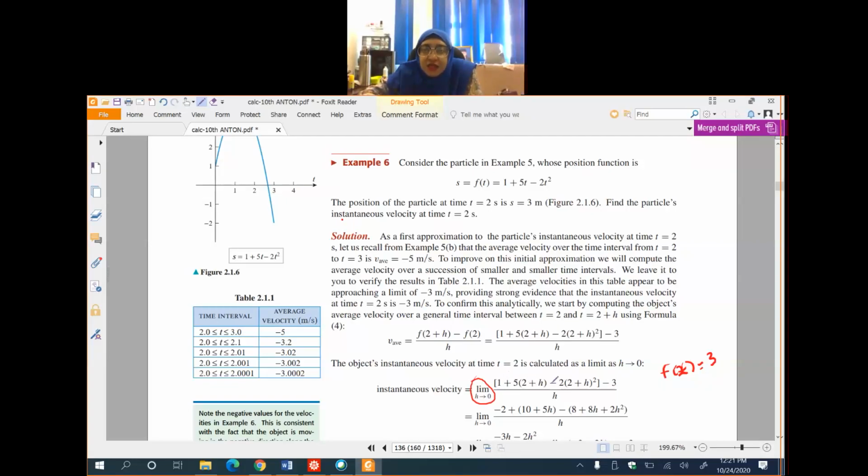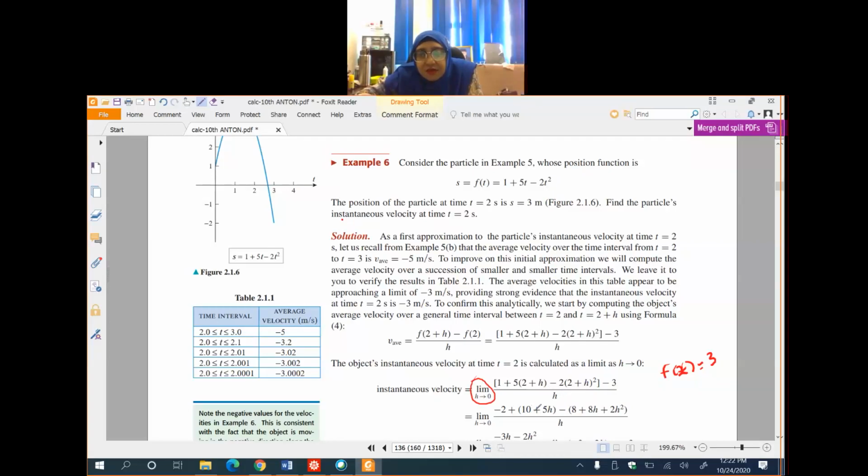F of 2 is equal to 3, and this part here is for f of 2 plus h. So 1 plus 5 multiplied by 2 plus h, minus 2 times 2 plus h squared.